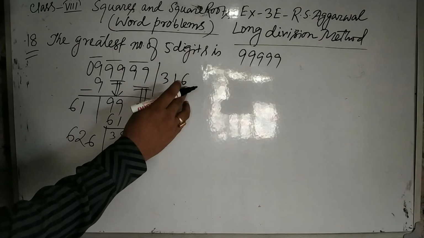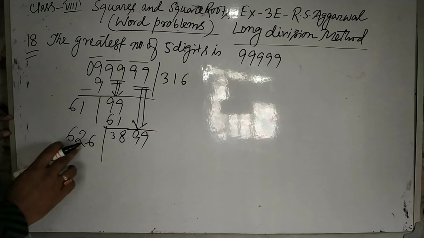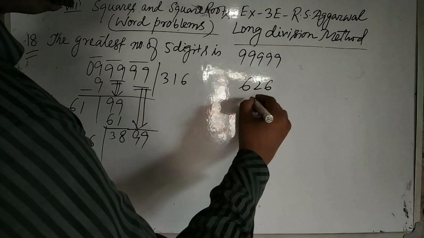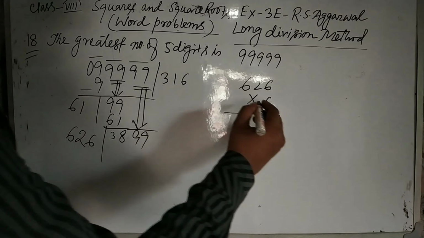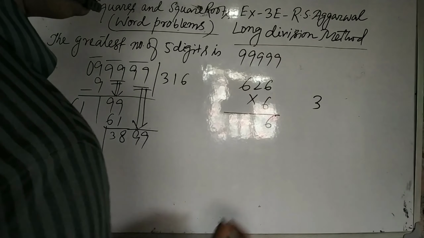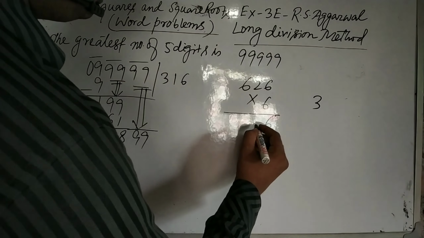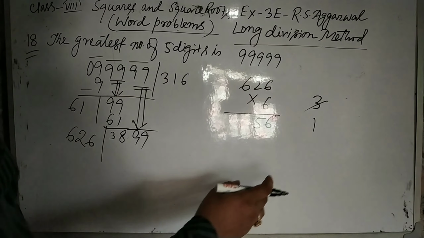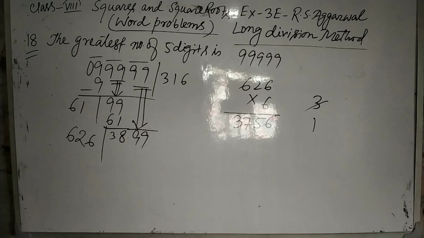If we put 6 over here, then we have to write 6 over here also, and the number will be 626, and we have to multiply 626 into 6. 6 6s are 36, 6 3 in hand, 6 2s are 12, 12 plus 3 is 15, 1 6, 36, 36 plus 1 is 37.